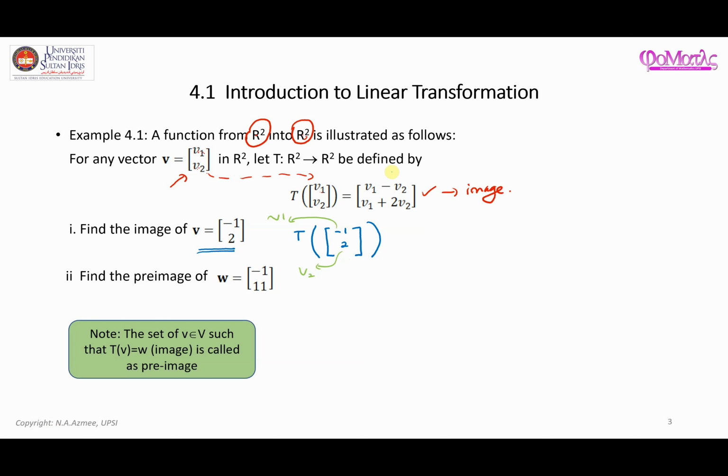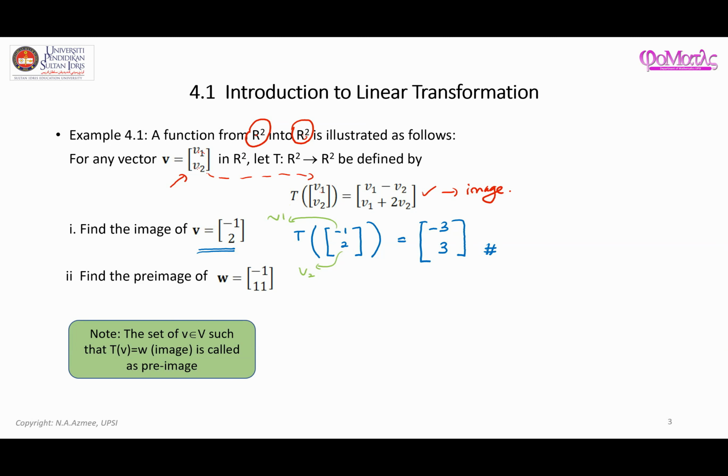According to the rule given, V1 minus V2, negative 1 minus 2, is negative 3. V1 plus 2V2, negative 1 plus 4, is 3. So this is the image of this particular vector under this transformation.